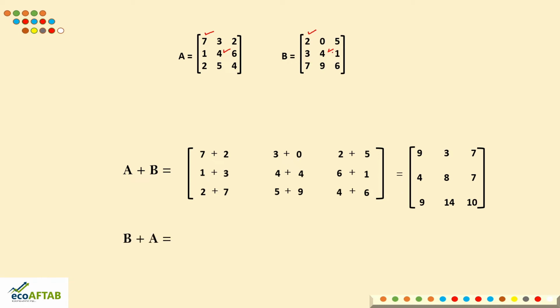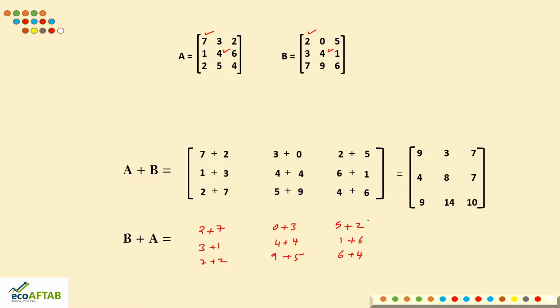Now we need to see for B plus A also, will we get the same thing? Here we are just interchanging the places. So with regard to B plus A, it will be 2 plus 7, 0 plus 3, 5 plus 2, 3 plus 1, 4 plus 4, 1 plus 6, 7 plus 2, 9 plus 5, 6 plus 4.